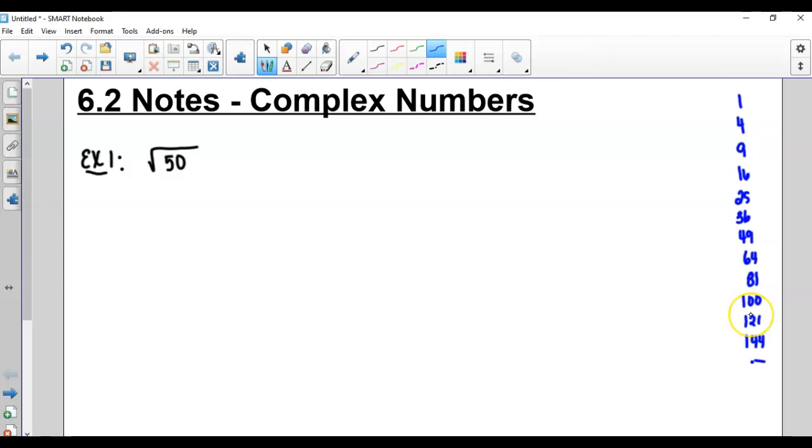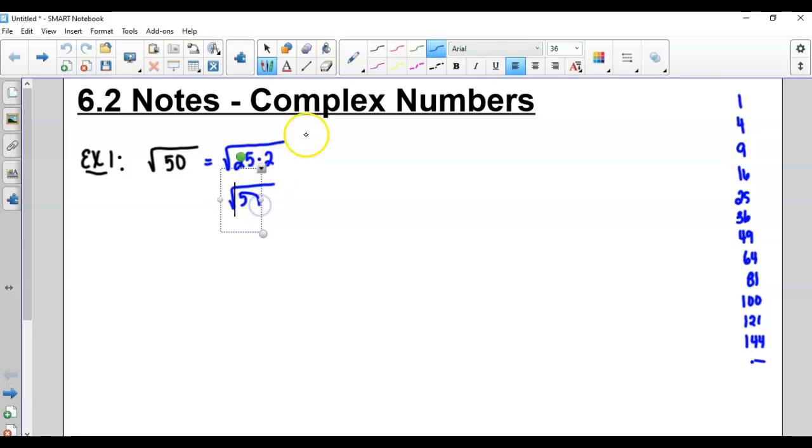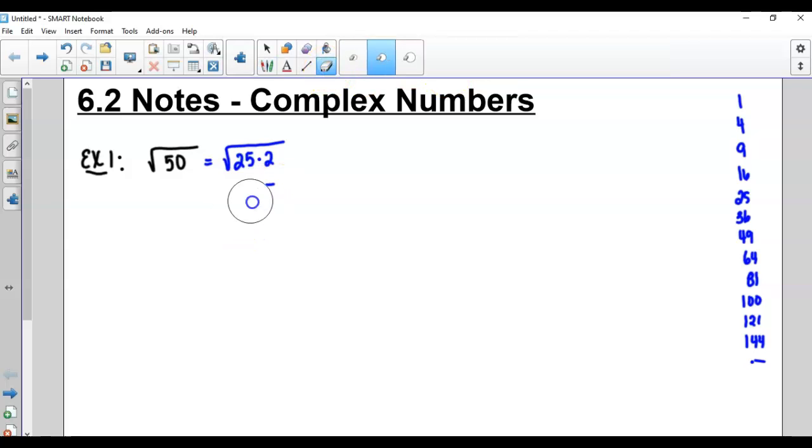Whenever we want to break down 50, we cannot take the square root of it. It is not a perfect square. But we could rewrite this as the square root of 25 times 2. Notice I did not break that down into the square root of 5 times 10. It is true that both of these equal 50, but 5 is not a perfect square and 10 is not a perfect square, so you can't simplify this.